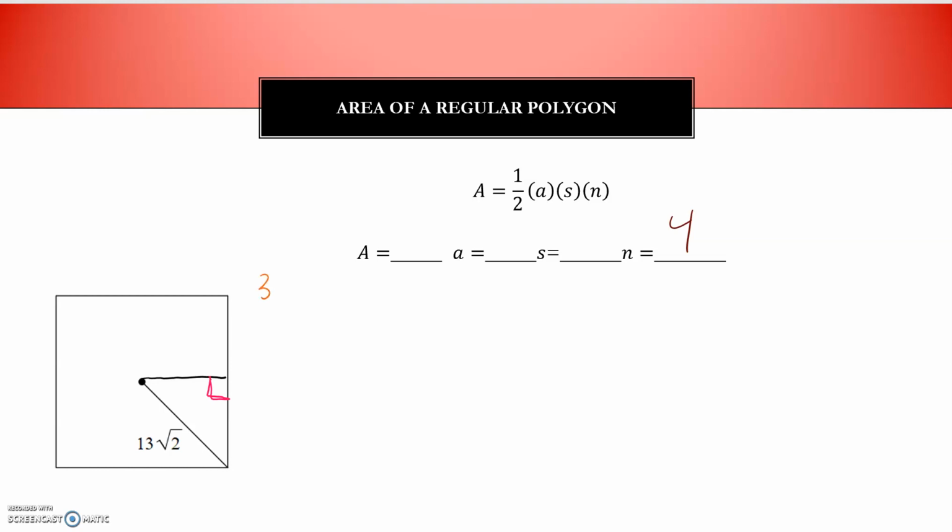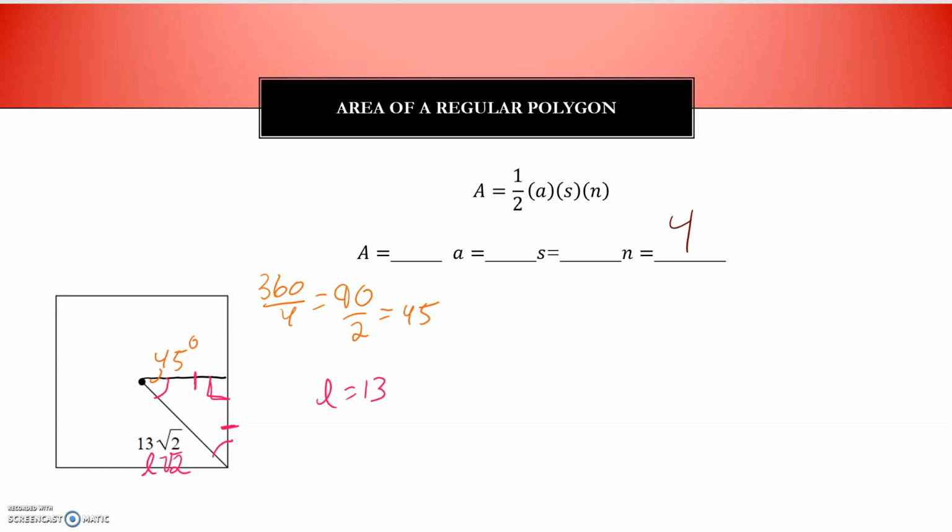We know that we have 360 over n, which is 4. That equals 90. And then we have to divide by 2. So each of these has 45 degrees. This is a 45, 45, 90. We know that in a 45, 45, 90, the hypotenuse is L root 2, which would make L 13.